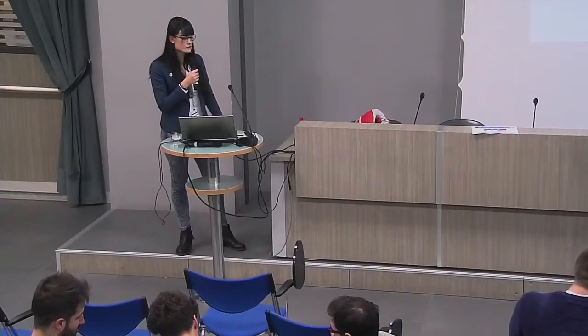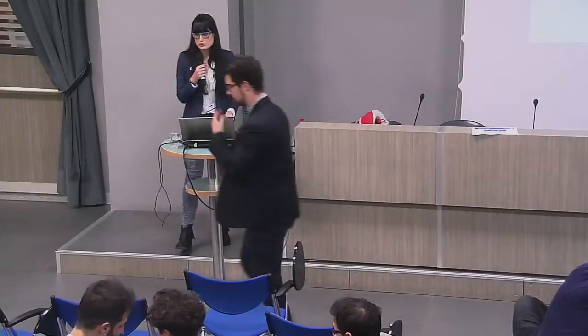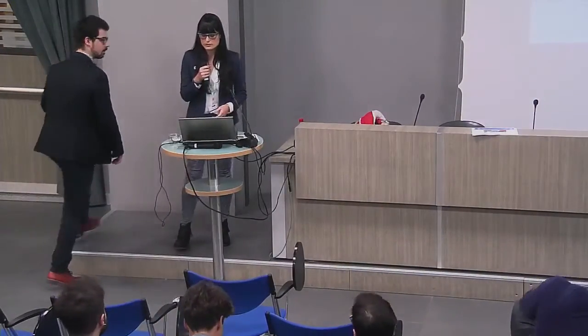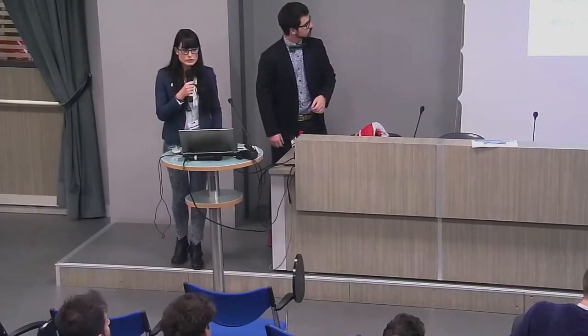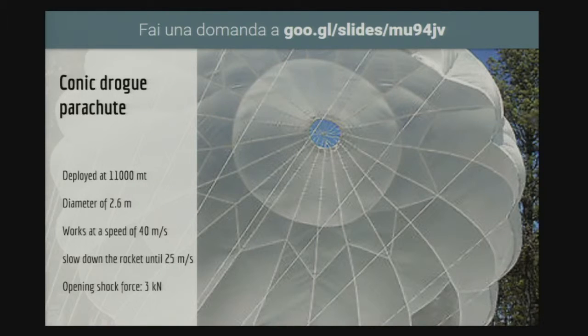What kind of parachute did we choose for the next rocket, Aero 2 Alpha? We want to go up to almost 15,000 kilometers, and we want a soft landing phase.